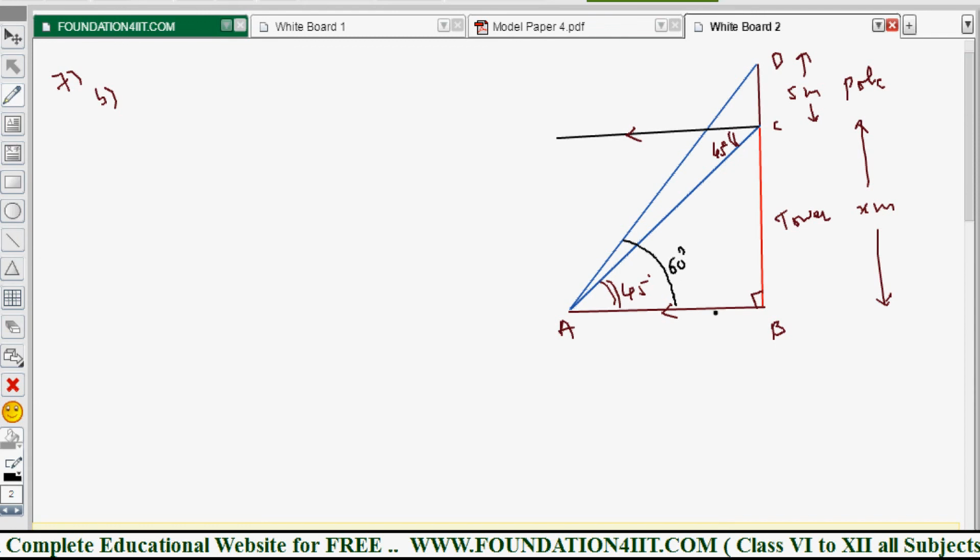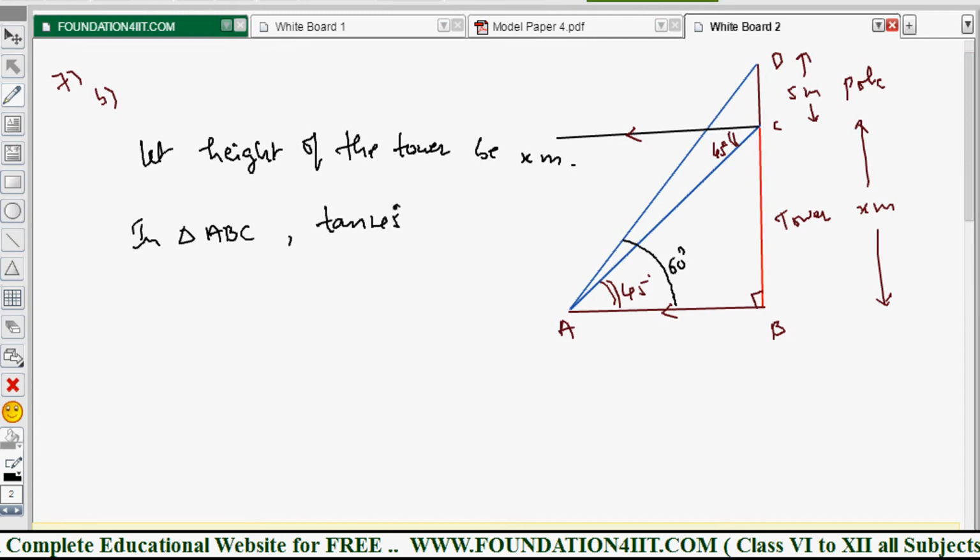Now you can find out the value of x. Let us take two right angle triangles: one is ABC and one is ABD. Let the height of the tower be x meters. From triangle ABC, tan 45 is opposite by adjacent, that means BC by AB.